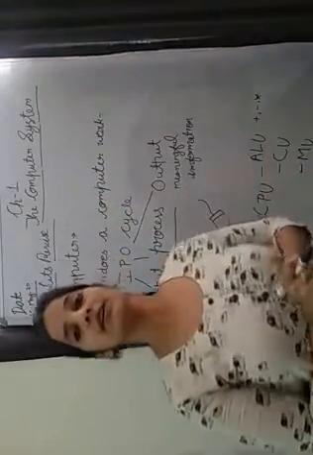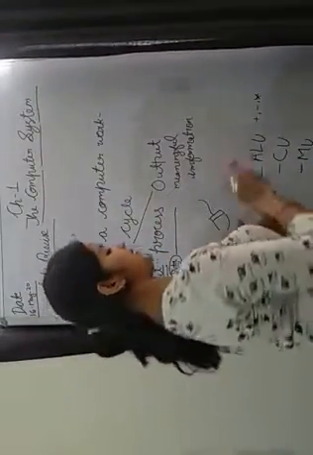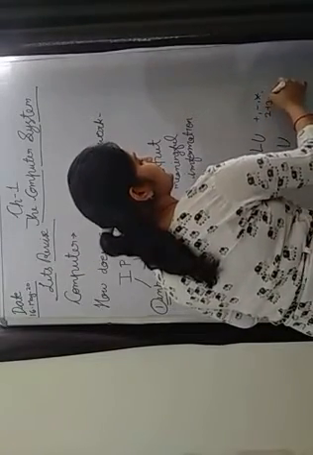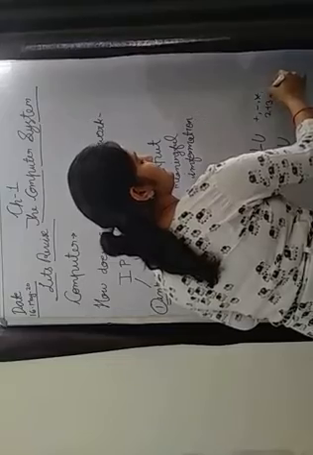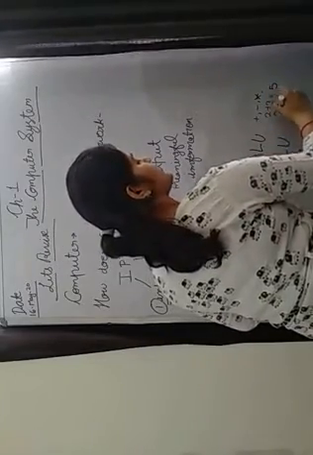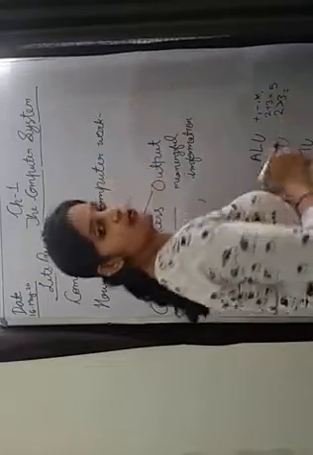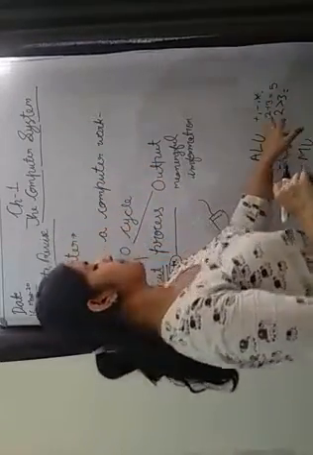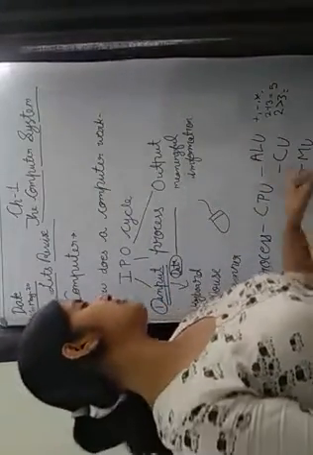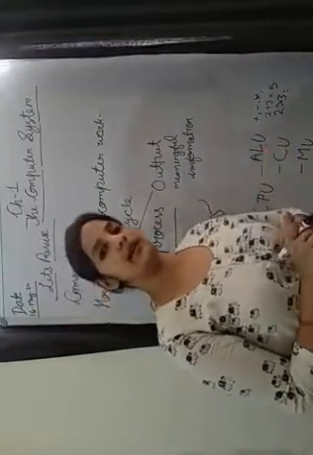And logic means the comparison operators. Suppose you want to add 2 plus 3, the result will be 5. And if you want to compare whether 2 is greater than 3, it is a false statement, student. So comparison and addition, these types of functions are performed by the ALU.